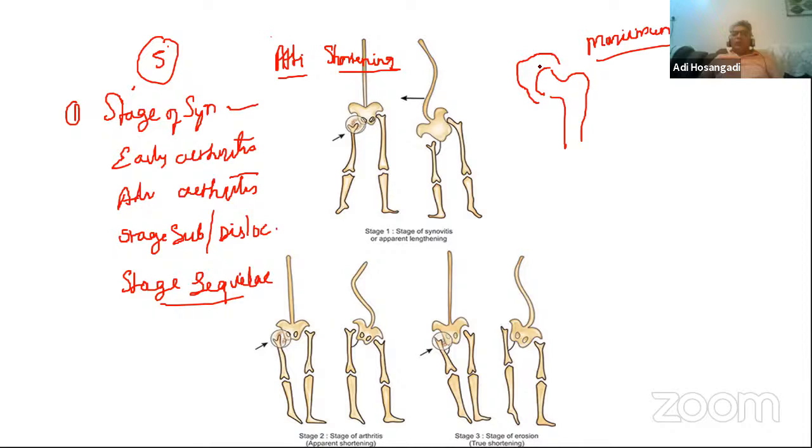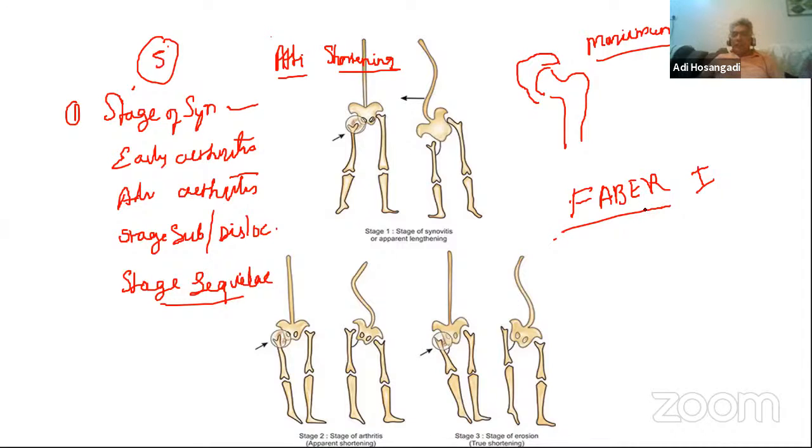The joint is swollen because of the effusion. So what is the attitude of the limb? The attitude of the limb is flexion, abduction, external rotation. FABER, very easy to remember. Stage 1 is FABER.